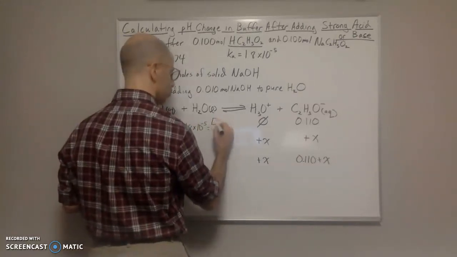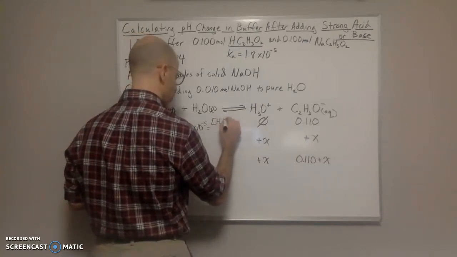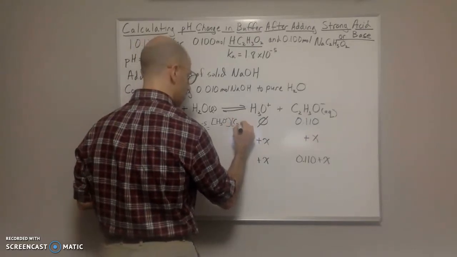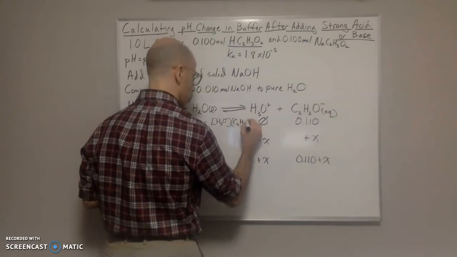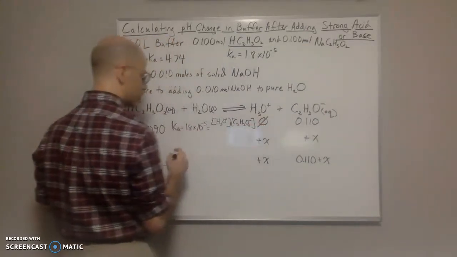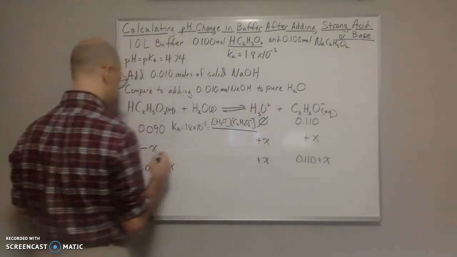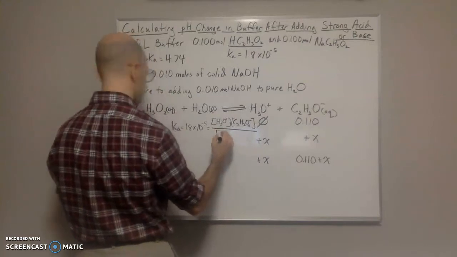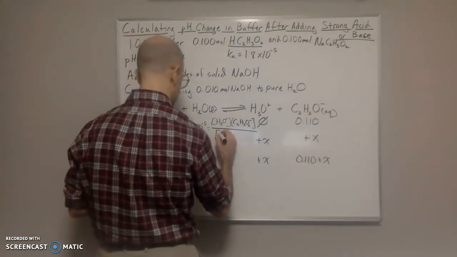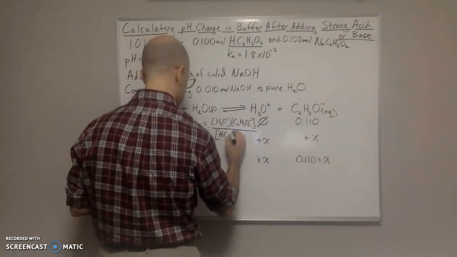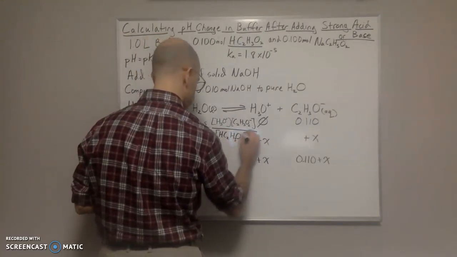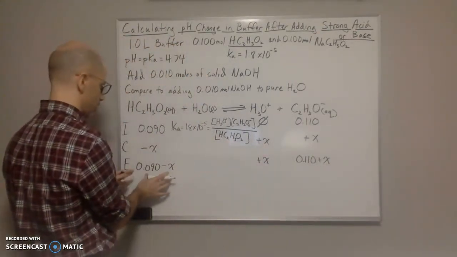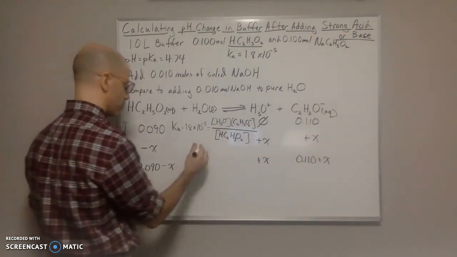That's going to be equal to the hydronium ion concentration multiplied by the C2H3O2 concentration, acetate ion concentration, and that's going to be over the acetic acid, HC2H3O2 concentration, and then we just plug in the values or the expressions for the equilibrium.